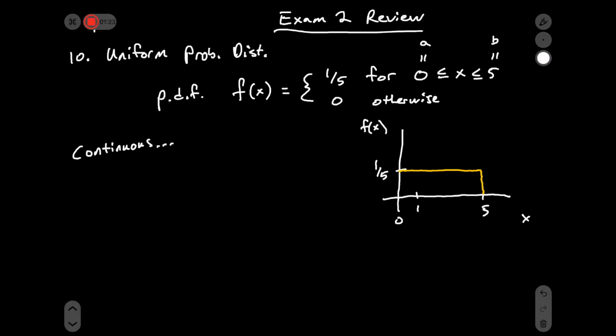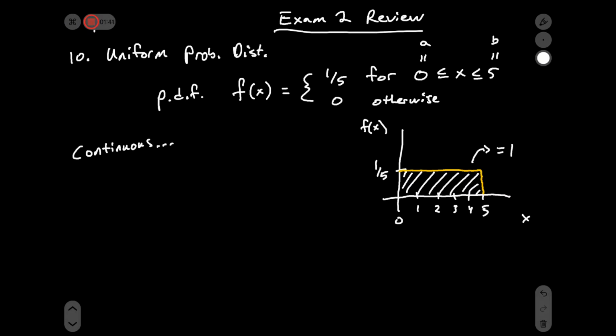And we would have 1, 2, 3, 4, 5, all values that x could have here. And we know that the total probability of this entire area is equal to 1.